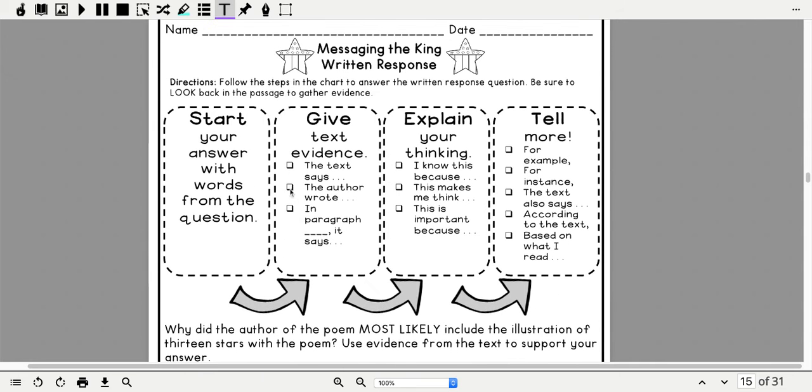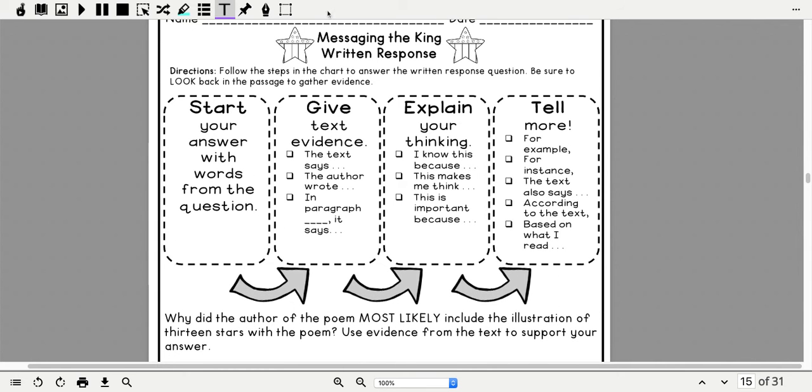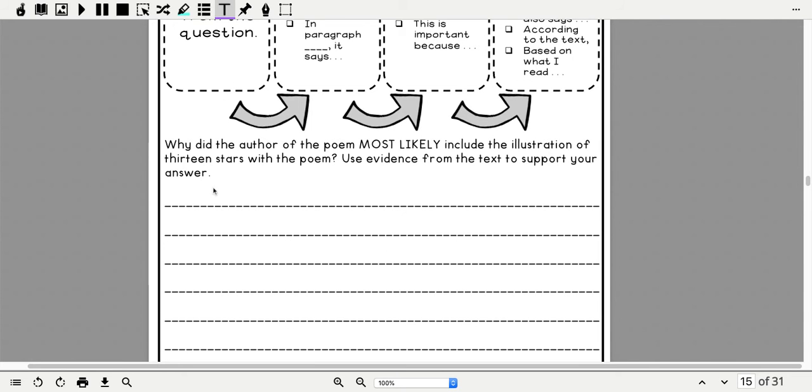That's going to help you really answer this question. Now, the second one is Messaging the King. So, of course, you're going to go to the poem Messaging the King. Again, this is for your RAP. Restate, answer, and you have to prove it, and then you explain your thinking. Their question is, why did the author of the poem most likely include the illustration of 13 stars with the poem?